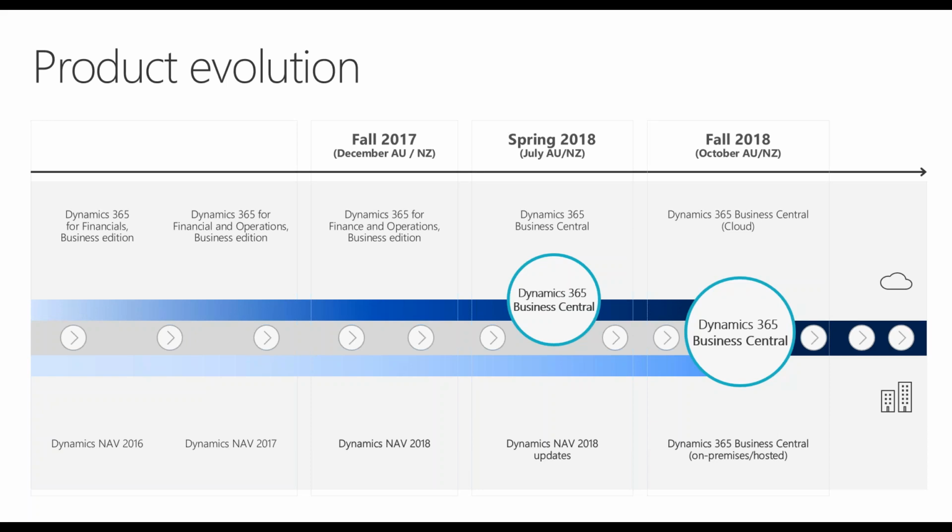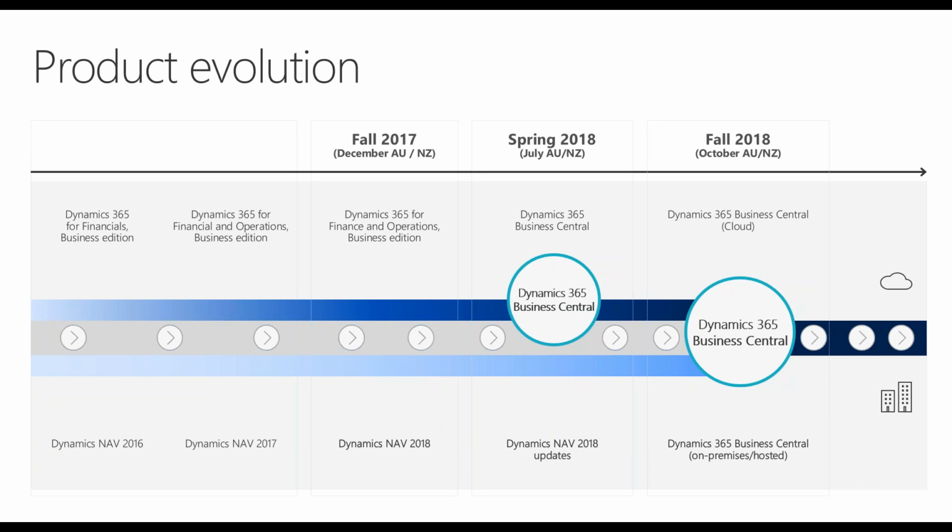And at that stage, we also had a Financials Business Edition out in a couple of markets overseas, US and UK. And then we also released Finance and Operations Business Edition in the US and UK as well. Now, they were cut down versions of Dynamics NAV. They were actually Dynamics NAV, but they didn't allow for all the functionalities and the extensions that Dynamics NAV did.